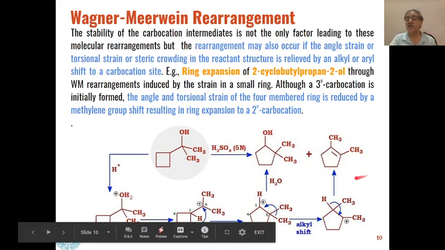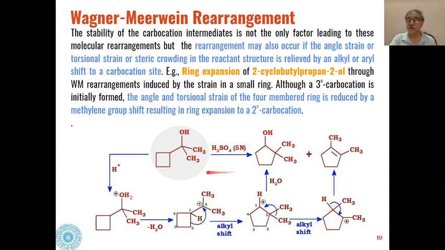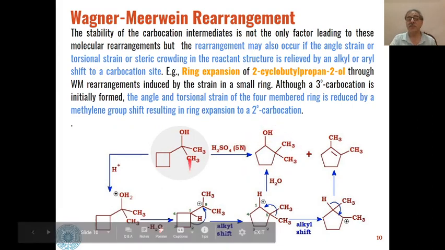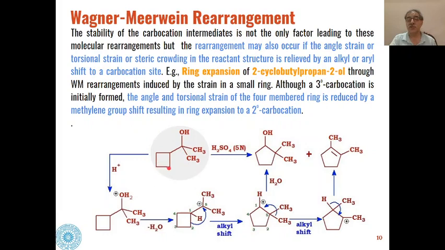So ring expansion has taken place, and we know that strain is more in cyclobutane than in cyclopentane. So they are less strained in comparison to cyclobutane. So that is why the Wagner Meerwein rearrangement has taken place.